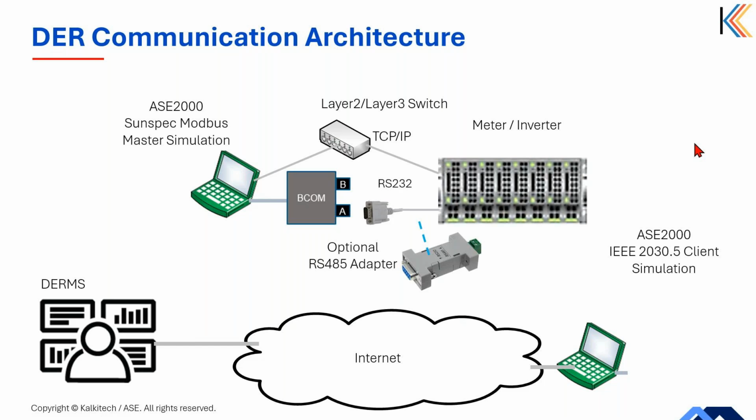And in such cases, these site gateways are also issued with the SunSpec certificates, and TLS connections are made across the internet using these certificates to make sure that the security side of it is properly handled. So yeah, compared to scattered protocols, there is a better secured setup or architecture in DER communication.